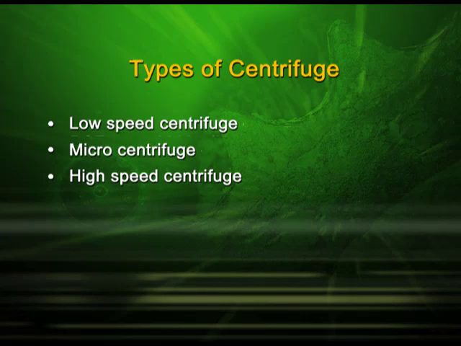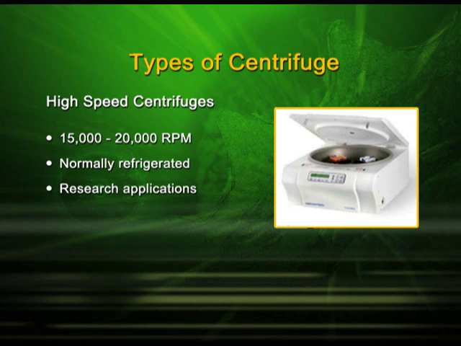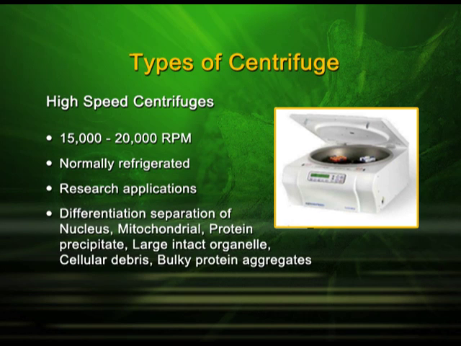The third type of centrifuge is the high speed centrifuge, which has an RPM of around 15,000 to 20,000, and it is normally refrigerated. It is used for research applications, and also for the separation of mitochondria, protein precipitates, microsomes and other bulky protein aggregates.